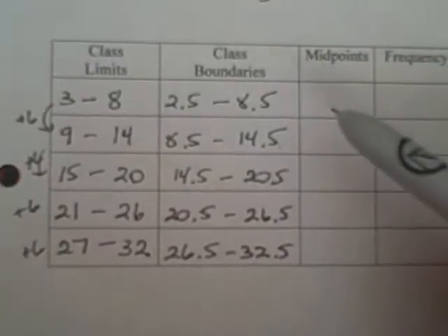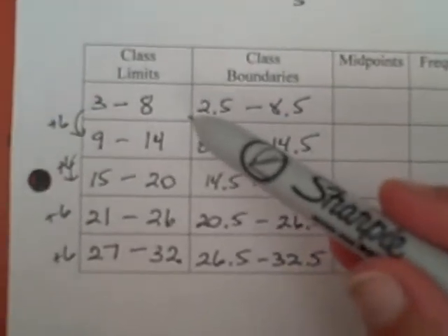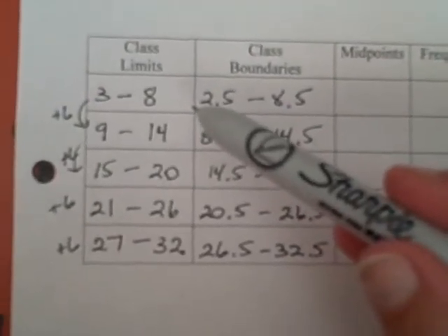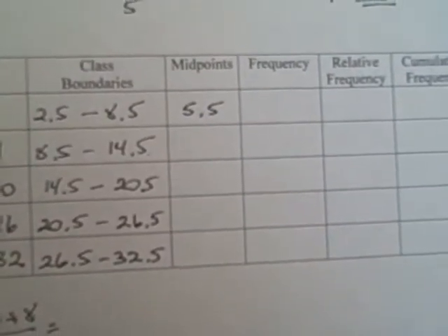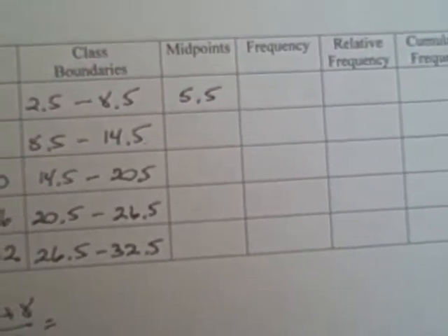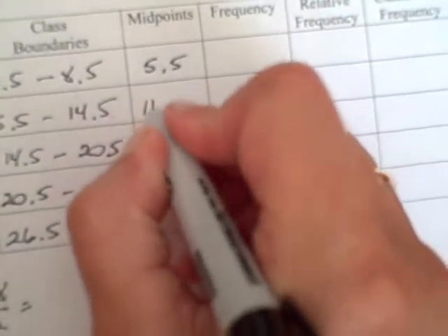All right, midpoints, we just want the middle of the class. So if it's going from 3 to 8, how do you get the midpoint? Well, to get midpoints, you would add your class limits, so 3 plus 8, and then divide by 2. So 3 plus 8 is 11, and 11 divided by 2 is 5.5. And then our next class is 9 to 14, so we go 9 plus 14, which is 23, and divide that by 2, and we get 11.5.